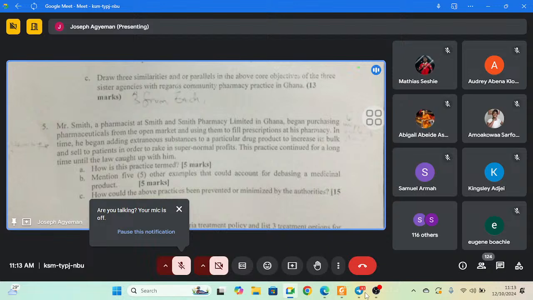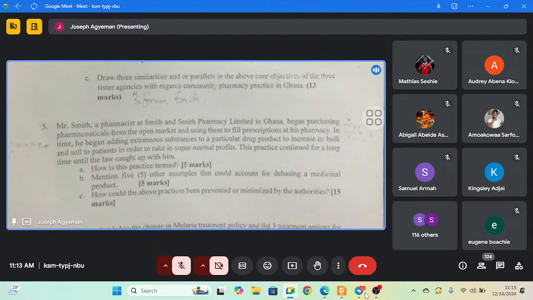We are talking about scenarios. You perform an action that can be deemed as you are doing adulteration. You are performing the act of adulteration. As for you knowing that the drug is substandard and you still dispense it, that is an act of professional misconduct.